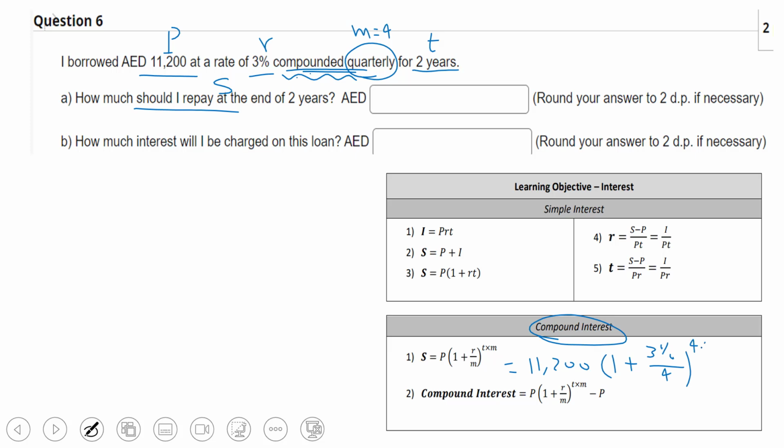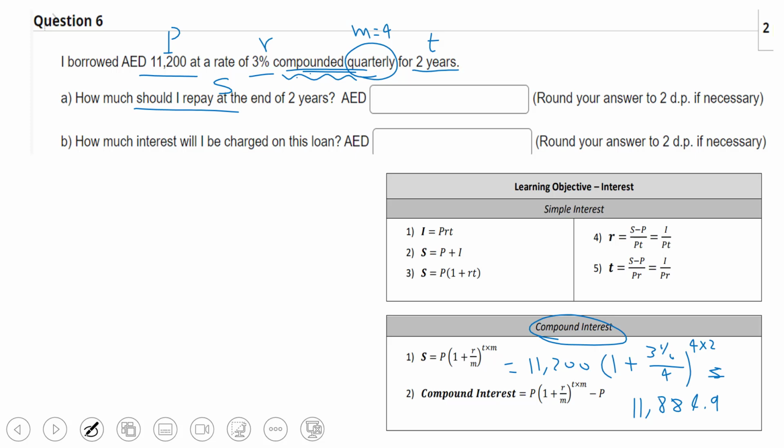Here M again, multiply by the time in years, 2 years. Now, using your calculator, it gives you 11,884.91. Because he said calculate up to 2 decimal places, right?